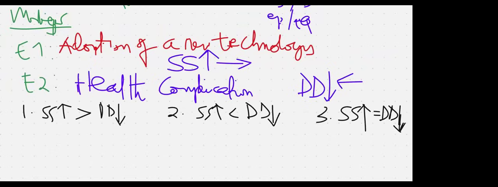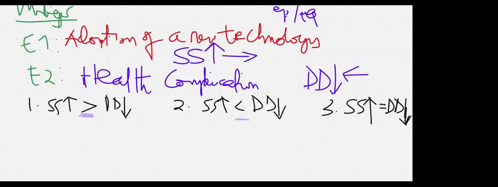So look at here. Here, S is greater than D. Number 2, S is less than D. So if I'm reading from the right, the number 1, I would say this increase in supply is greater than the decrease in demand. If I'm reading from the right, that is the demand, the same stage 1, I will say decrease in demand is less than increase in supply.